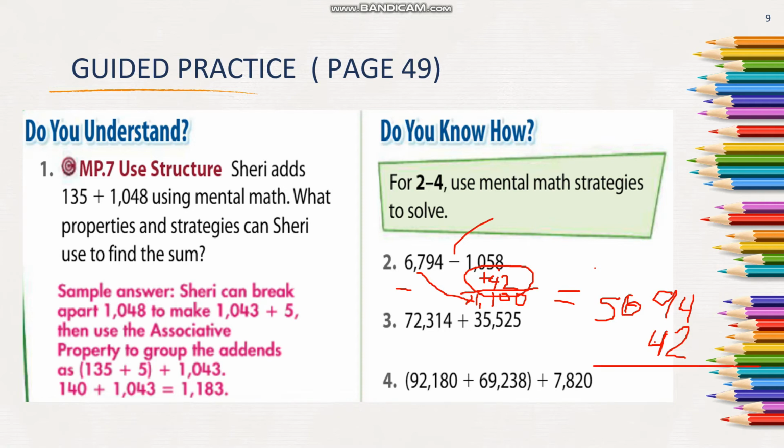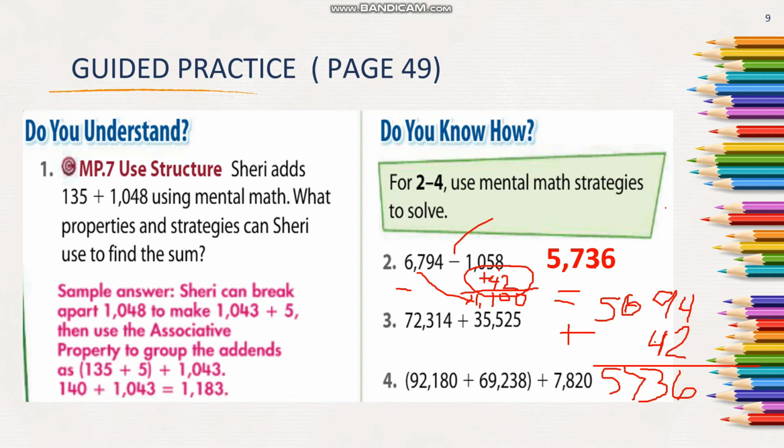So I added 42 here, so this must be 6, this must be 13, and this must be 7, and this must be 5. That's why 5,736 is the answer.